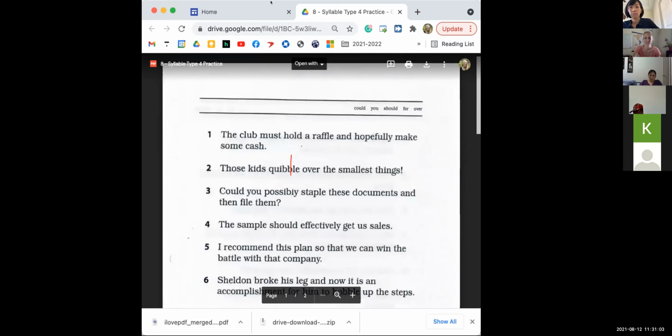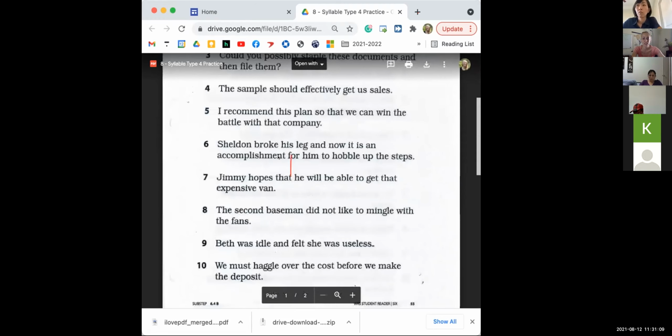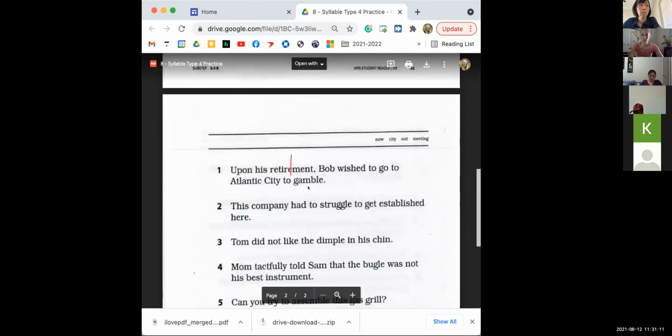The next page we're going to look at, I'm going to share in the chat. This is 2 pages of sentences where we see those. Oh, here's Rory. He woke up from his nap. He's ready for his lunch. We see some of those words with those consonant LE syllables at the end.